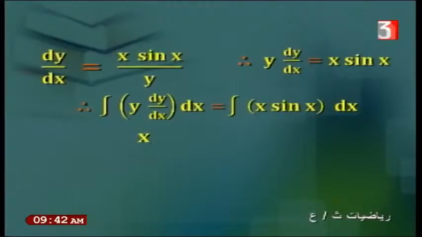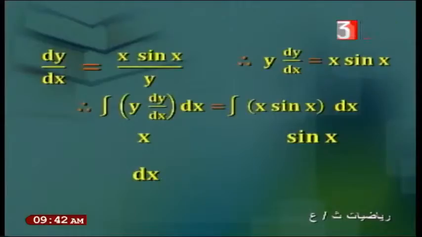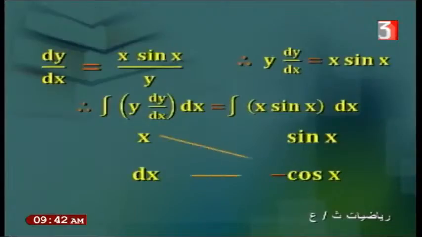Let x and sin x be the two parts of the function. Differentiating x, we have dx, and integrating sin x, we have negative cos x. Then x multiplied by negative cos x minus integration of negative cos x dx.